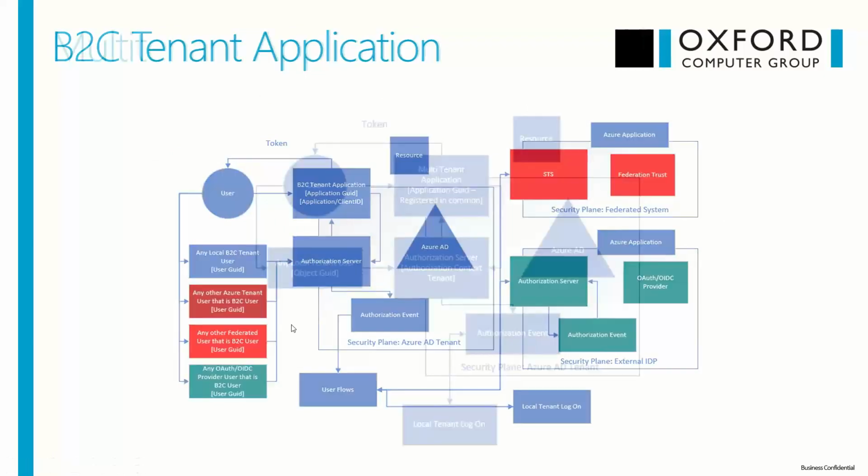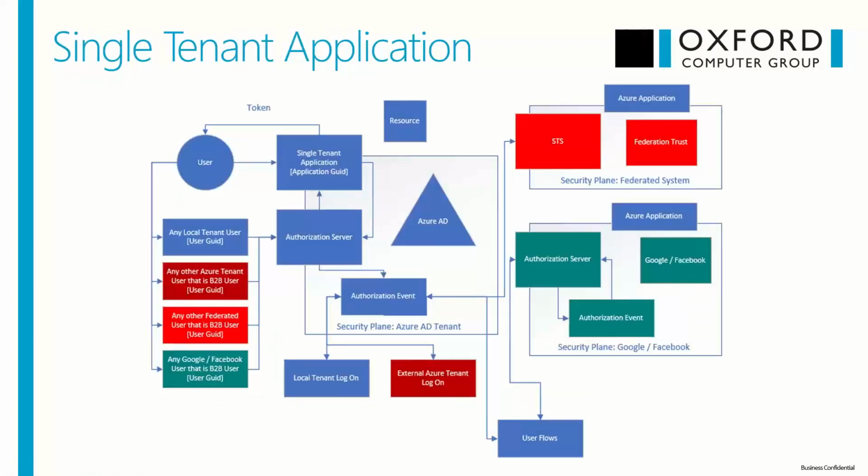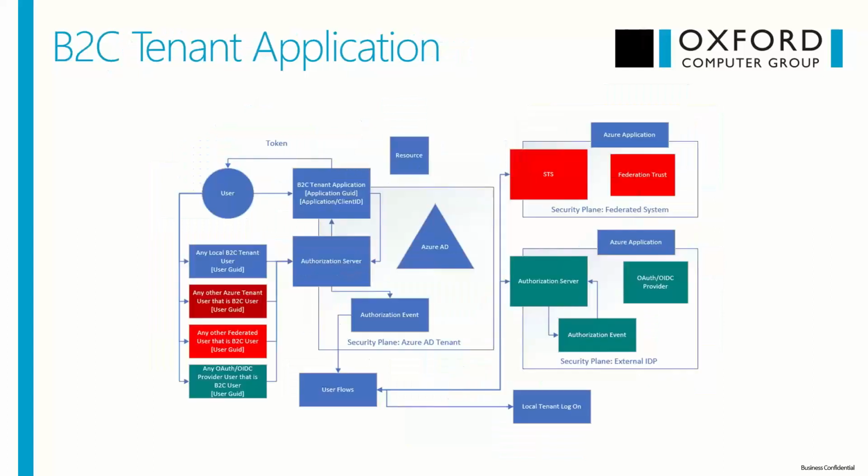But the difference between this environment, which is a single Azure tenant, and this environment is that everything here, whether you're a local user within this Azure B2B or B2C tenant, whether you're an external user that's a trusted user or a federated user or a trusted OAuth 2 OpenID Connect identity, you're always going to go through this authorization event, which utilizes the user flow.